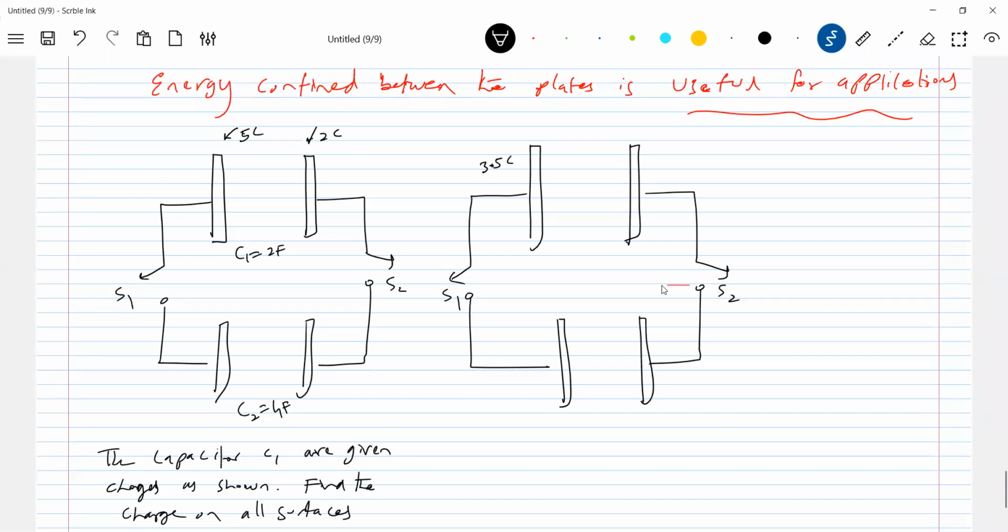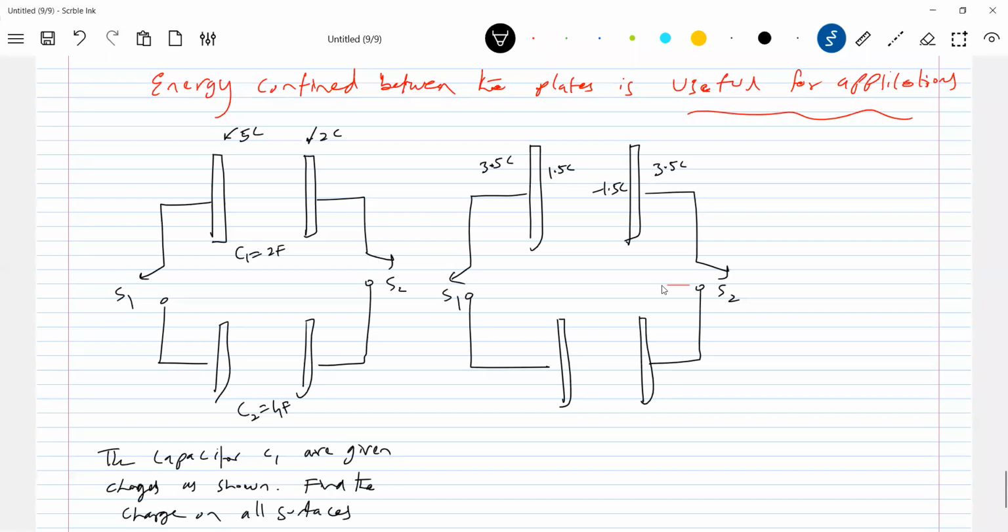Then Q1 plus 5 minus 2 gives 3, so 1.5 coulomb. So here minus 1.5 coulomb, and this will be 3.5 coulomb. So this is what happened.